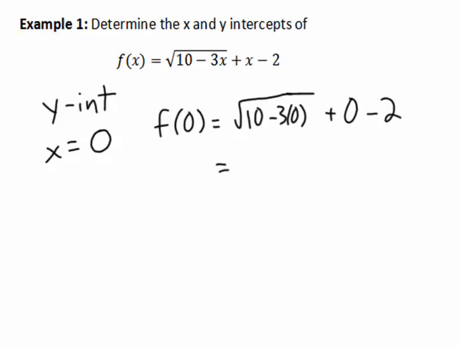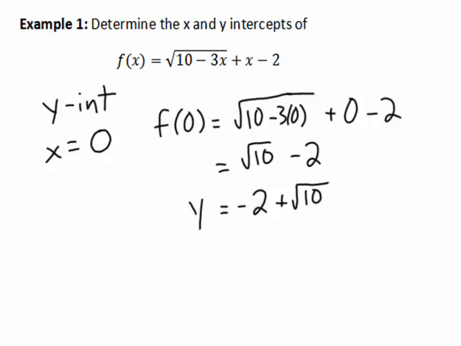We get root 10 minus 2. And we could just leave it in that form. Now, often what we do is we write the number first, and we would say it's negative 2 plus root 10. There is the y-intercept.